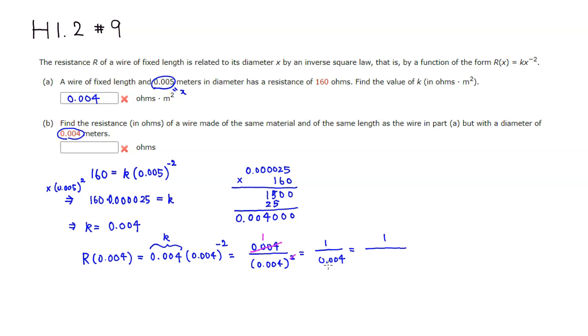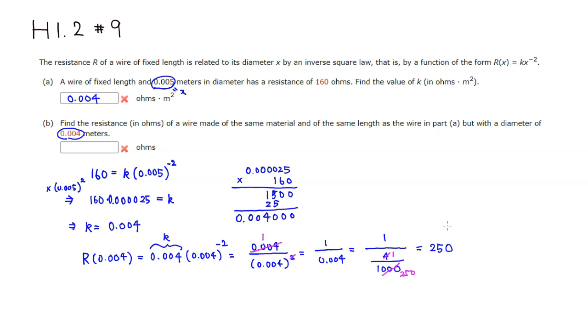We know that 0.004 is the same thing as 4 over 1,000. 1,000 divided by 4 is 250, so the reciprocal is 250.